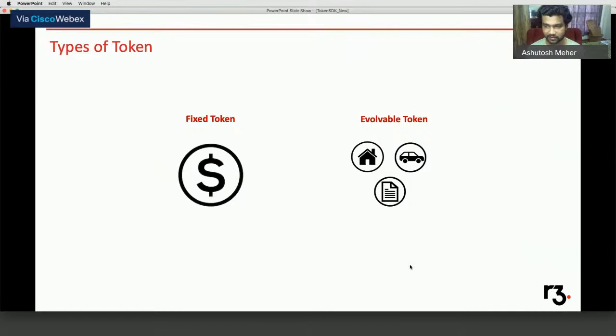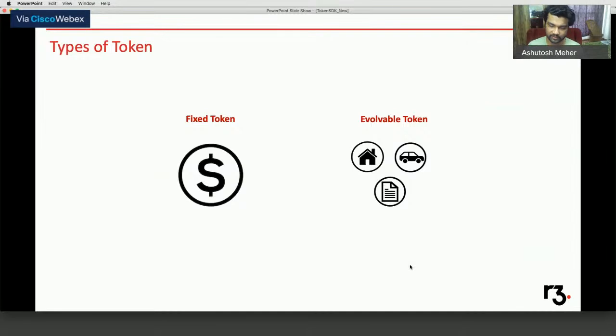You might change the tires of the vehicle, you might change the seats, you might repaint the vehicle. So some of the properties of the vehicle are changing. So that's evolving over time. Your underlying asset, which your issued token will represent, is changing over time, right? This is what we call the evolvable token. Anything that changes over time is evolvable, and anything that remains fixed is fixed, right?